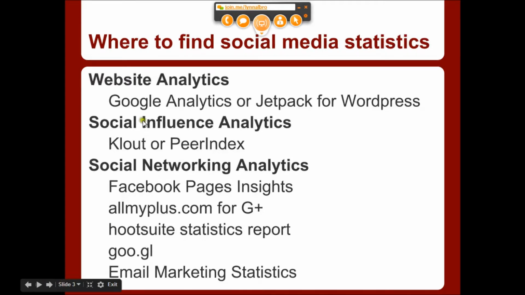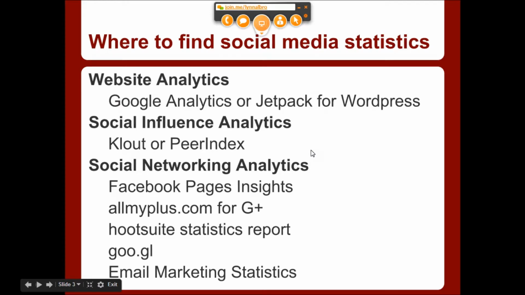We're going to actually go into each one of these programs here. For website analytics, you go to Google Analytics or Jetpack for WordPress, the two I use. There are several more. Google Analytics is free, and so is Jetpack for WordPress, and both of them have something really good to offer.